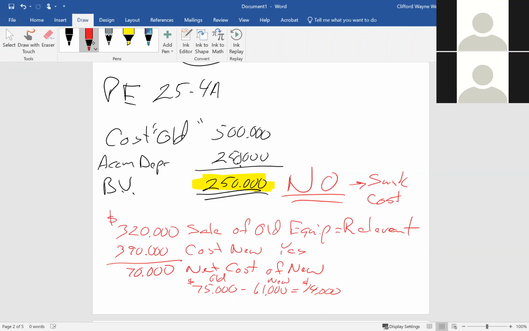And this is for 6 years, so we're going to have a cost savings of $84,000. And so if we offset that with the increase of the 70,000, we're going to have a $14,000 benefit for replacing.